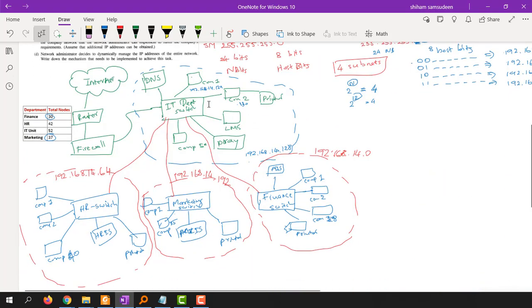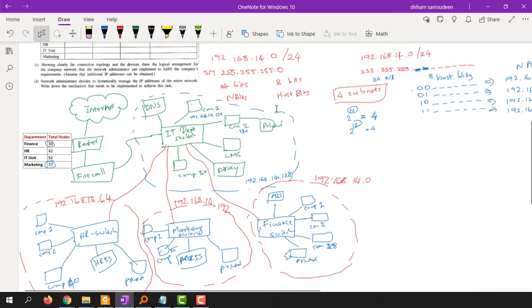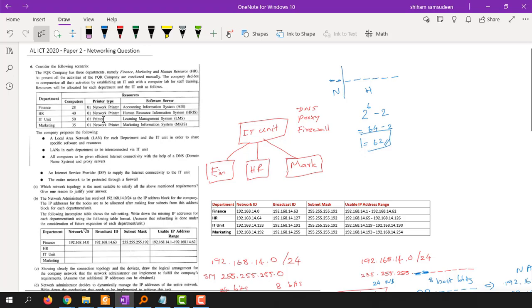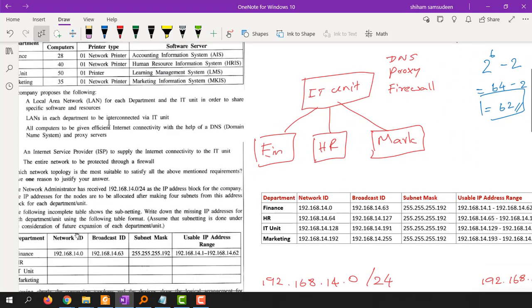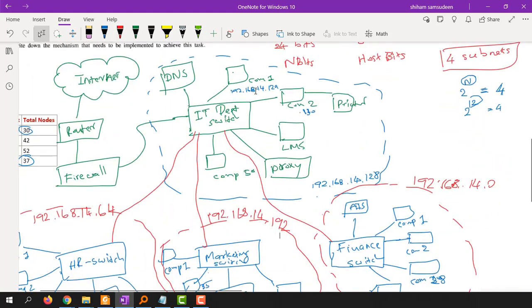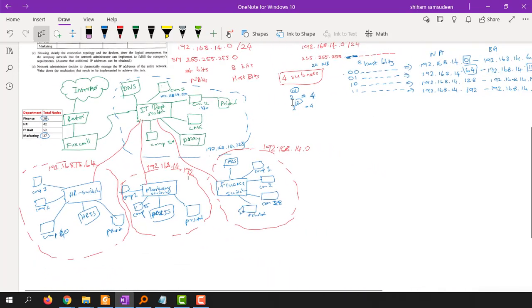And then from the IT department, you have the connections to HR department, marketing department, and finance departments, right? So this is how, and the one other important bit was, there was a normal printer here. So this is a normal printer, so that normal printer needs to get connected to a computer. So this printer is connected to a computer. Okay, I hope that makes sense.